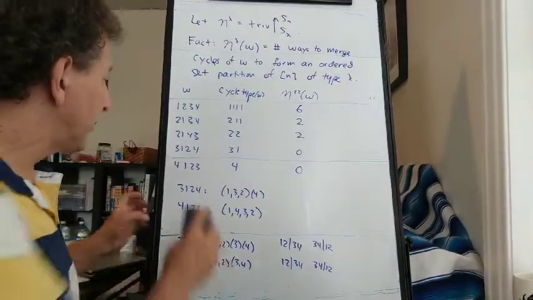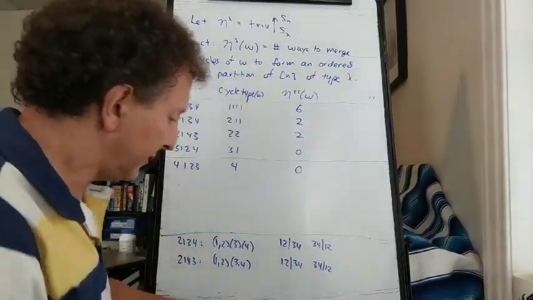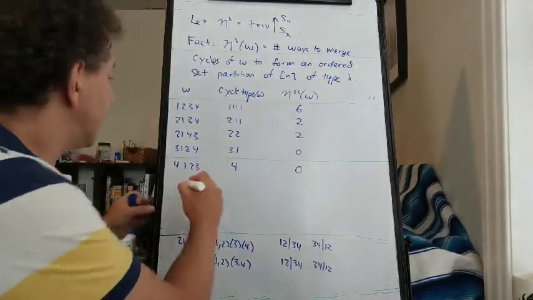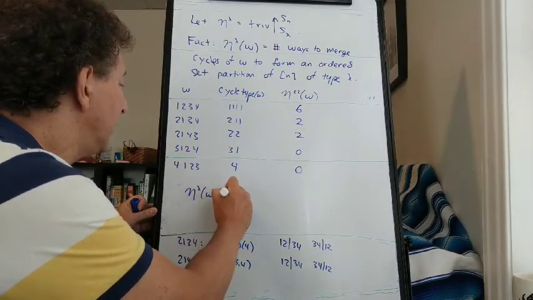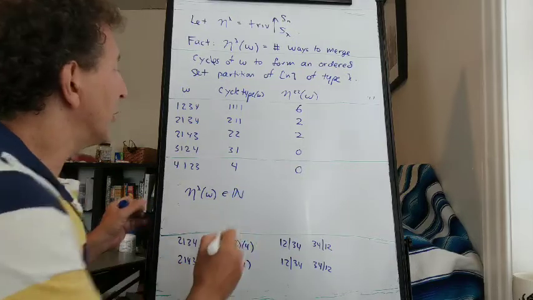Alright, now let's observe one thing, and that is that eta lambda of w is a non-negative integer always.